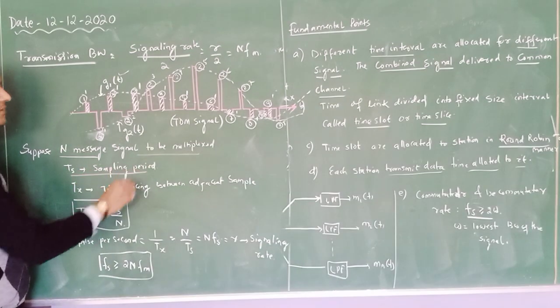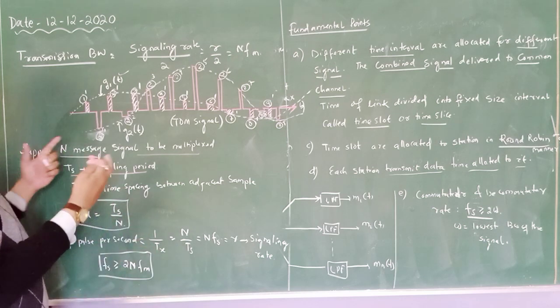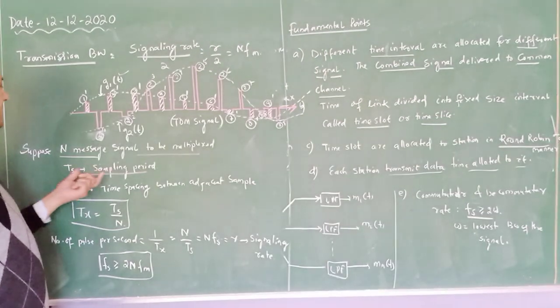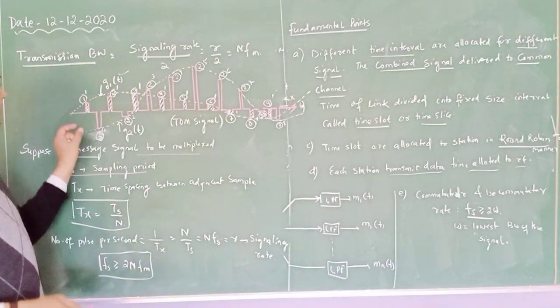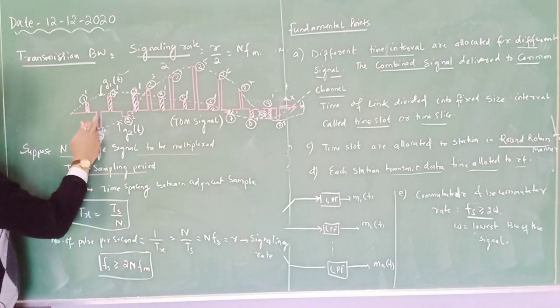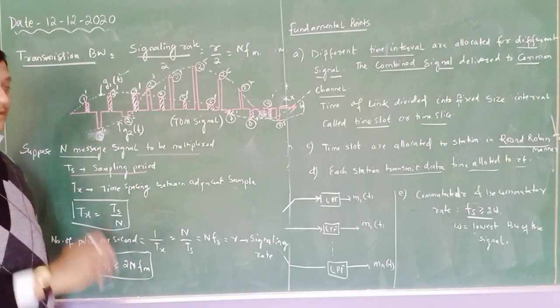Ts is the sampling period, because it is a pulse amplitude modulation, which means the individual sampling frequency is going to come into the picture. The distance between this pulse and this pulse, this one and this one, that distance is called Tx.